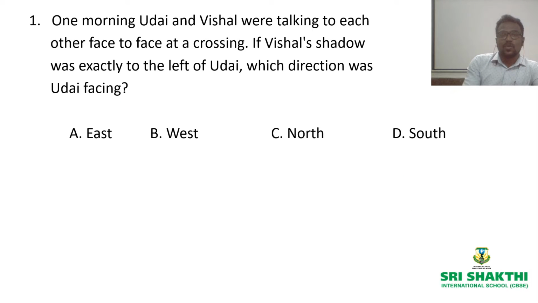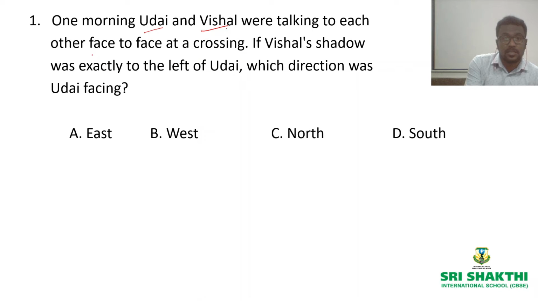One morning, Uday and Vishal were talking to each other face to face at a crossing. If Vishal's shadow was exactly to the left of Uday, which direction was Uday facing? So here, what are the hints that we can take from this question? They have mentioned that there are two persons, Uday and Vishal, and they are talking to each other.